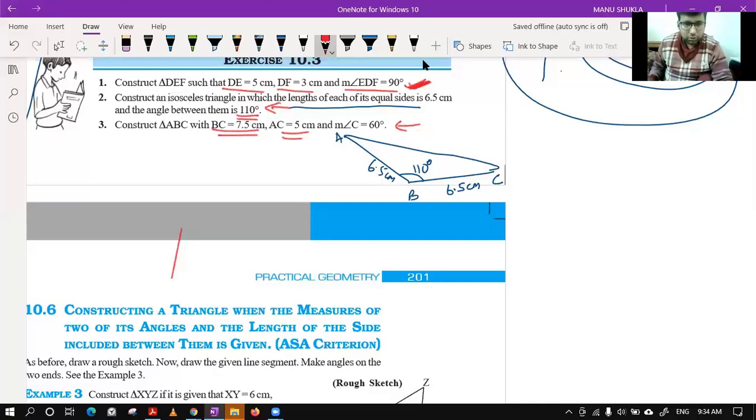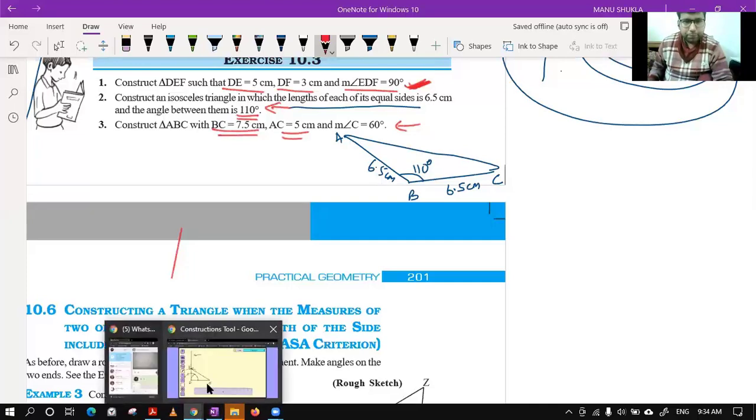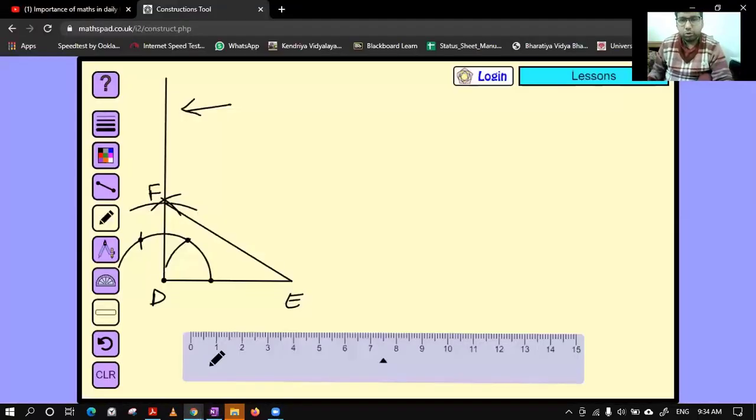Okay, one second, Mokshita. In this question, we had to draw triangle DEF in which they had given us the length of DE as 5 centimeter, I think. After that, they said angle EDF is 90 degree. So what we have done is we have drawn this perpendicular by the same way.